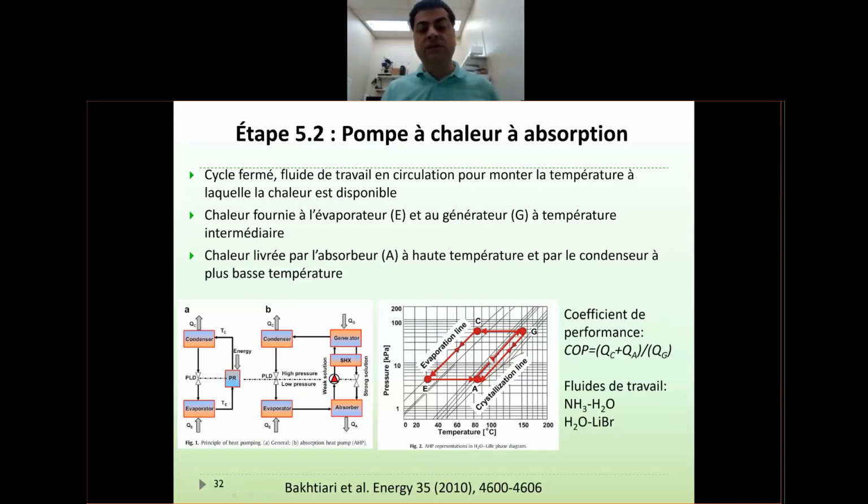It goes to the generator, gets energy, and then it's very important here that in the generator desorption of the volatile part from the solvent occurs. The volatile part goes to the condenser. So this is the loop where the volatile part rotates in order to eventually take the energy QE and release energy at high temperature like QC.